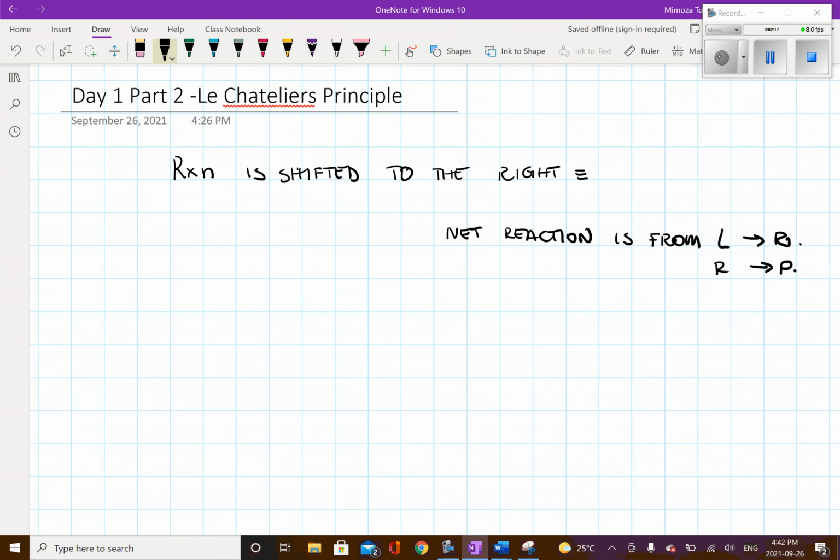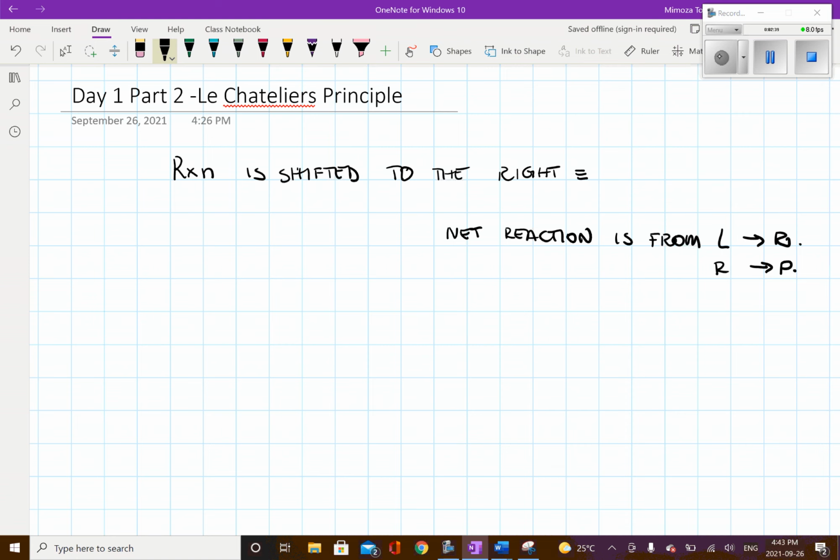There are several variables that we will take into consideration in terms of the stress or the changes that we are implementing to the system in equilibrium. Those are changes in concentration, changes in temperature, and changes in pressure and volume.